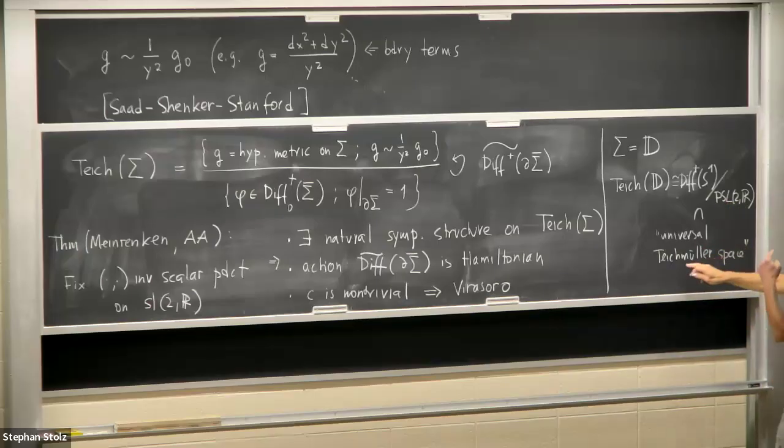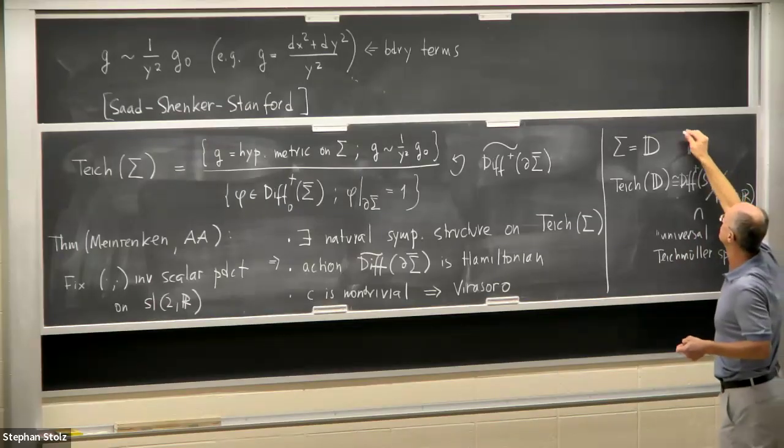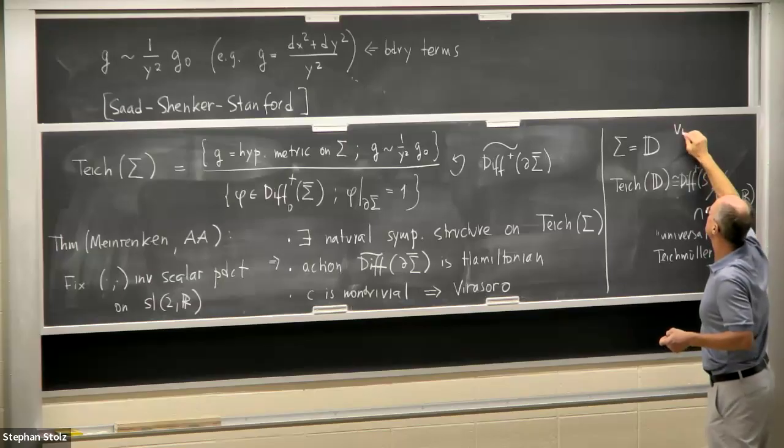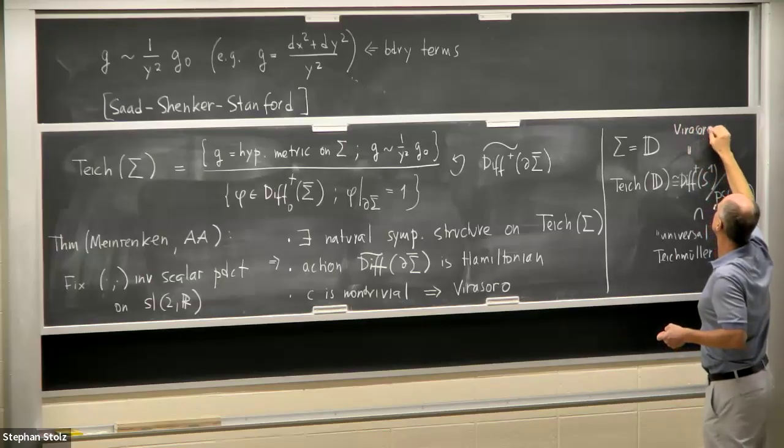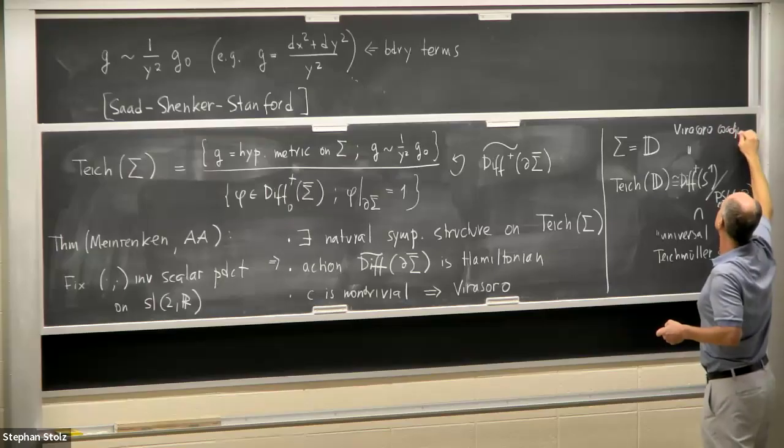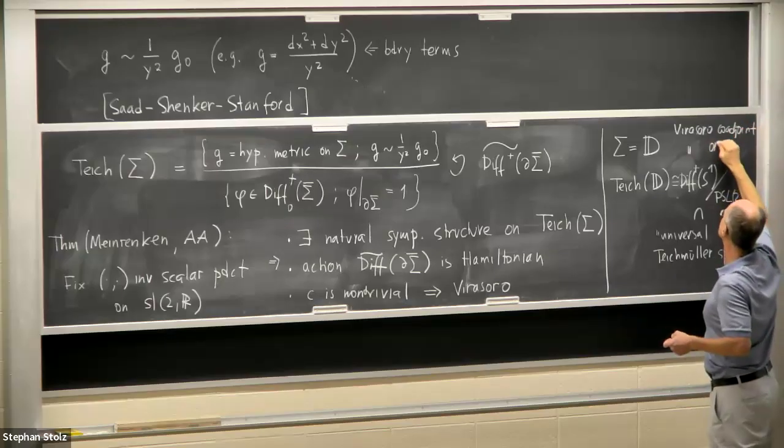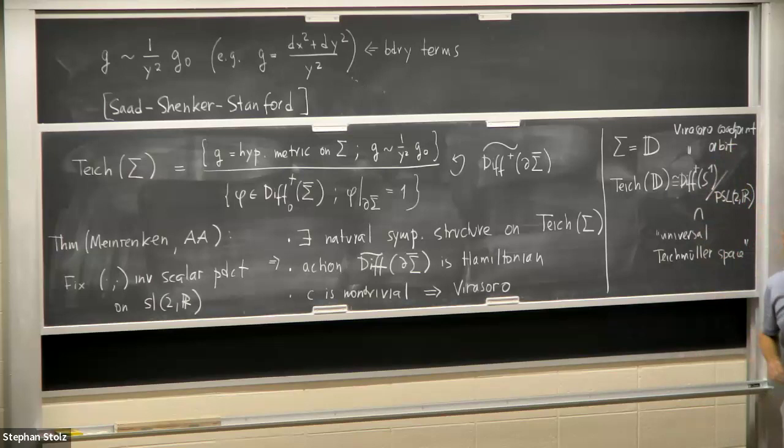And this is the Teichmüller space where you find surfaces of all genera. So some kind of weird construction. It's also equal to one of the coadjoint orbits of the Virasoro algebra. And that's actually the most studied orbit of the Virasoro algebra. Maybe we get back to it later on.